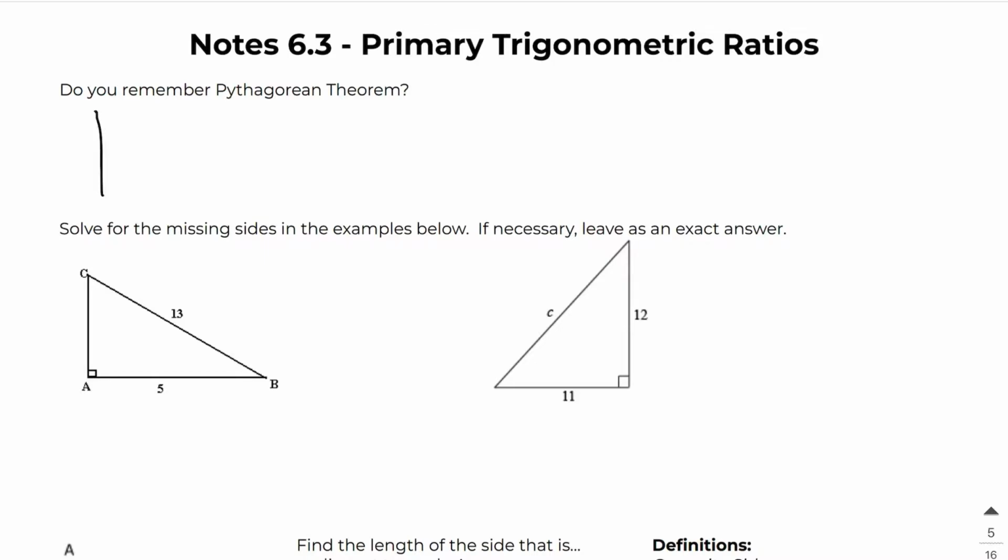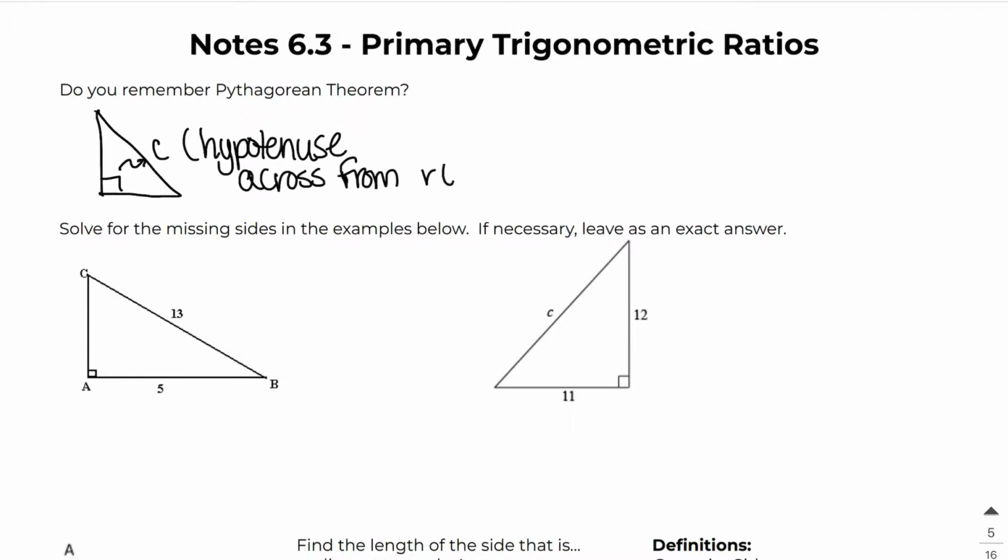So just a reminder that if you have a right triangle, the side that is across from the right angle is called the hypotenuse. And it's always across from the right angle. And then a and b are called the legs, and those are interchangeable.